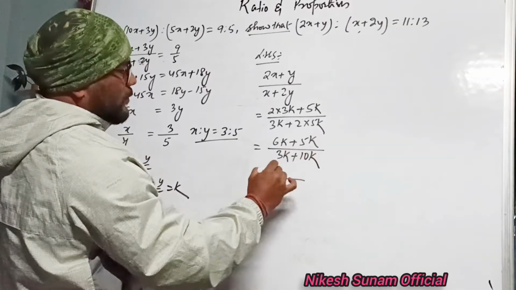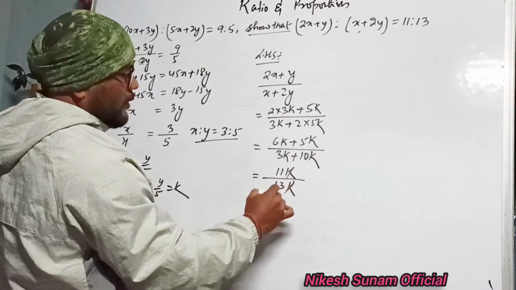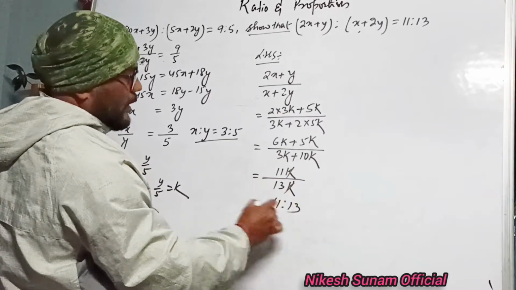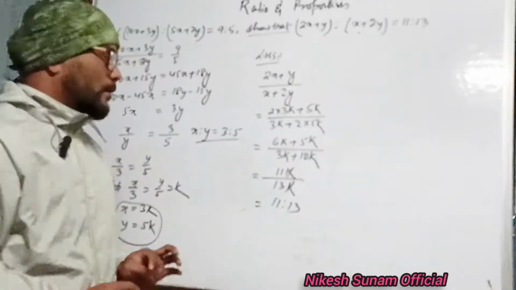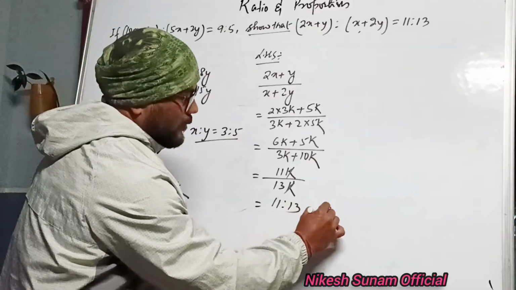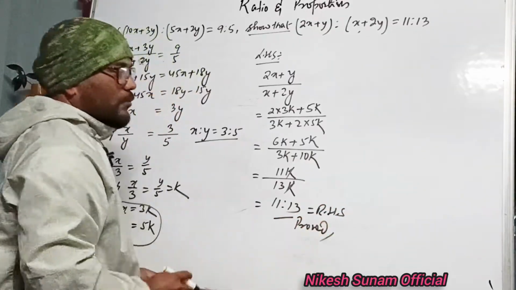So 6 plus 5 you get 11k, 10 plus 3 you get 13k, and finally you get the value as 11 is to 13, where the RHS is given here. So this is the process I was supposed to do.